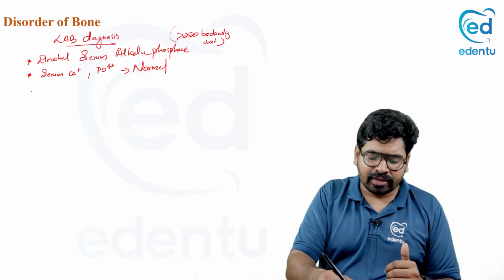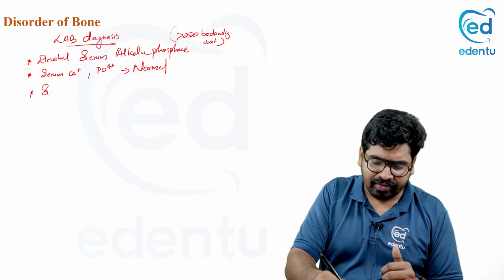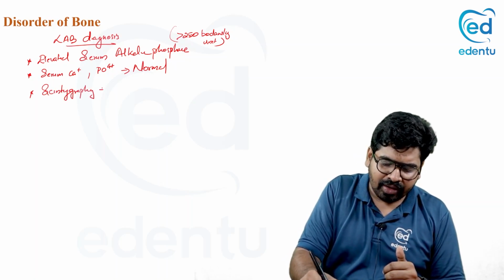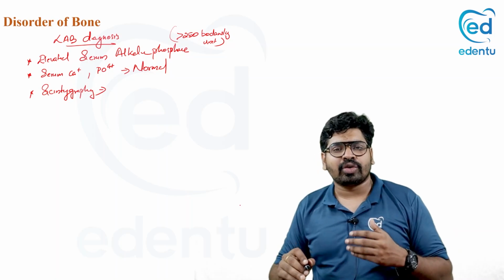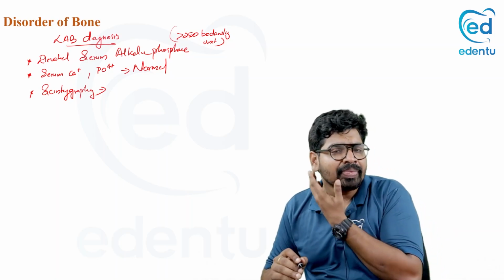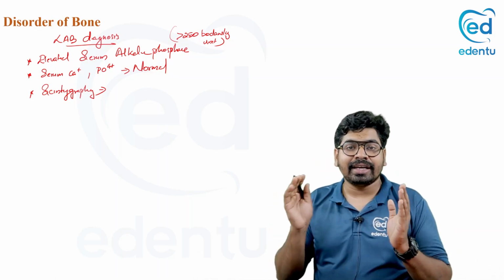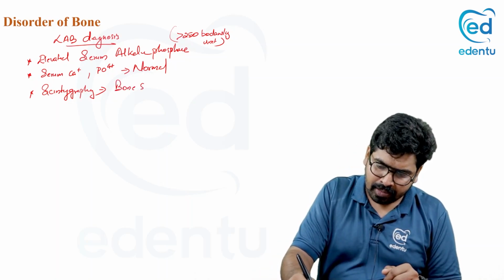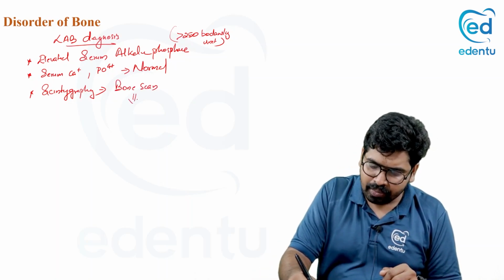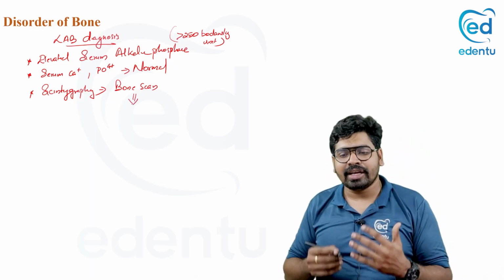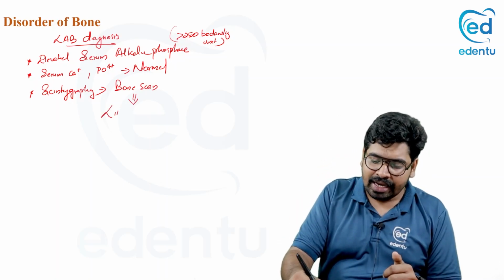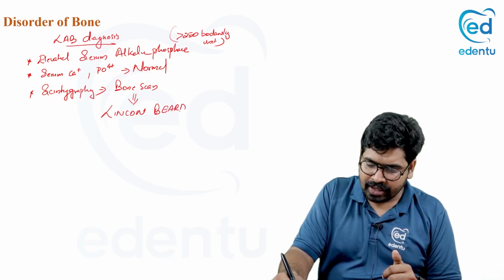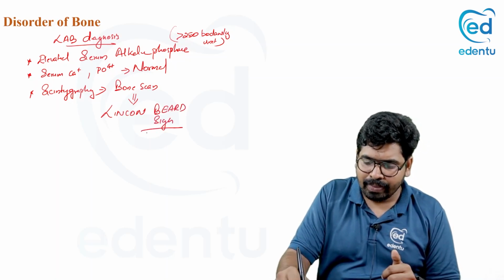Another study you can do is scintigraphy. Scintigraphy is a method where you are using radioisotopes which will bind to the Pagetic bone, and we are taking an X-ray. So we are using a bone scan, and in scintigraphy you are getting a special sign called the Lincoln beard sign, or black beard sign.